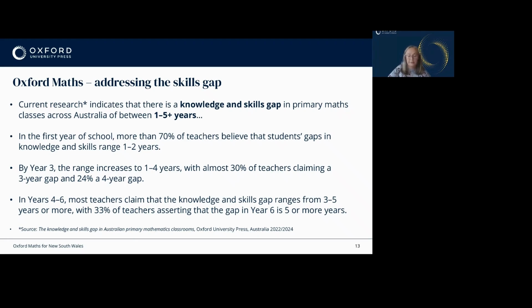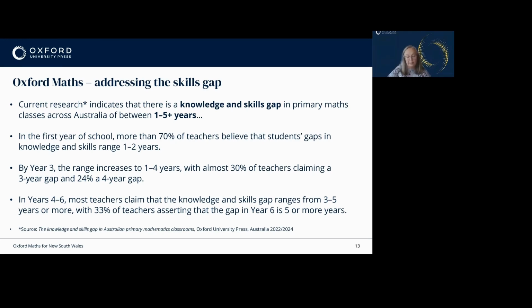According to our respondents, as students progress through primary school, the gap in mathematical skills and knowledge gets wider, with most classes from year 4 to 6 experiencing a 3 to 5 year ability span between their lowest and highest achievers. I know that none of this is news to people watching the webinar, to teachers of primary maths.